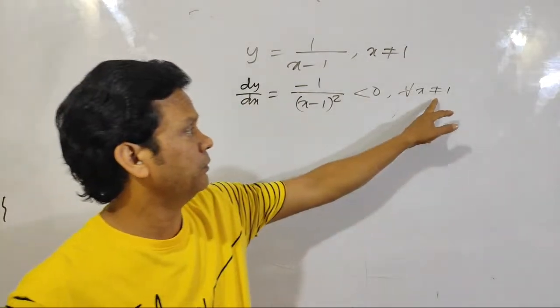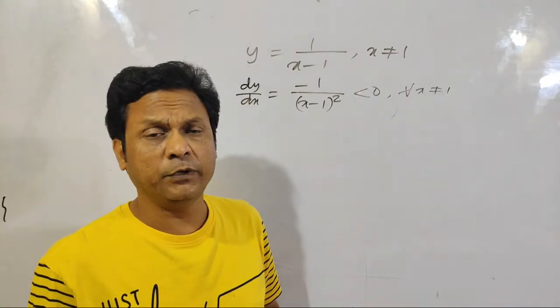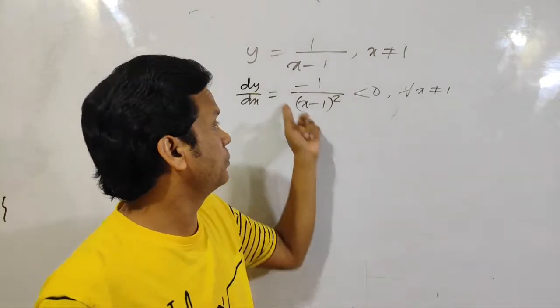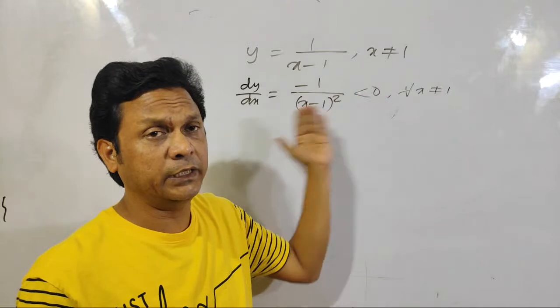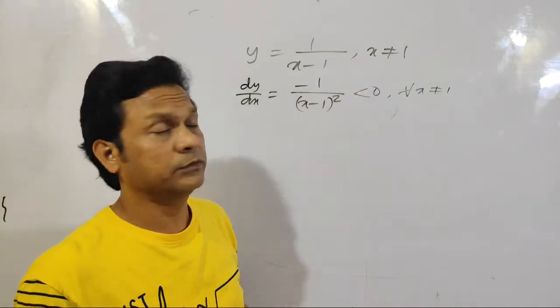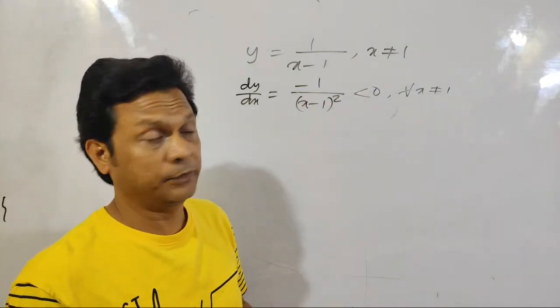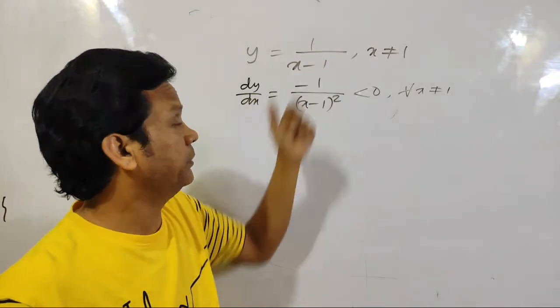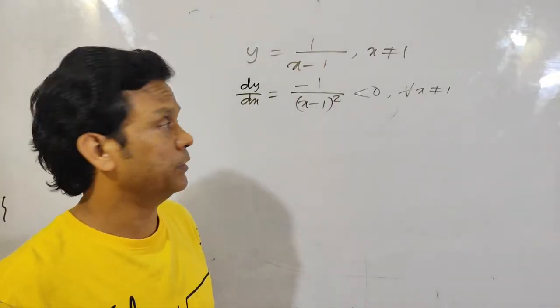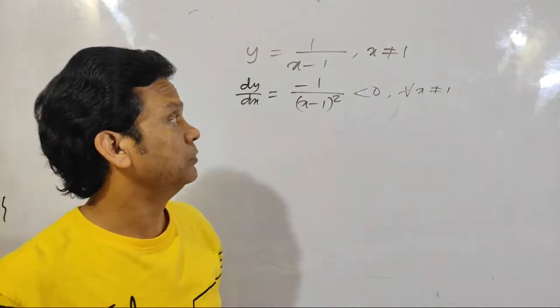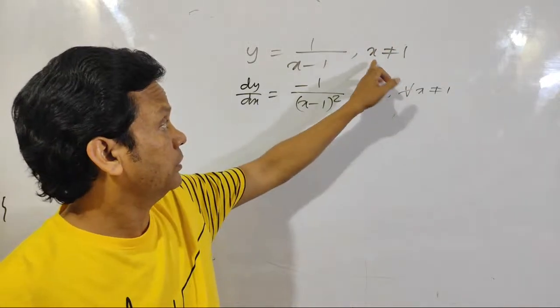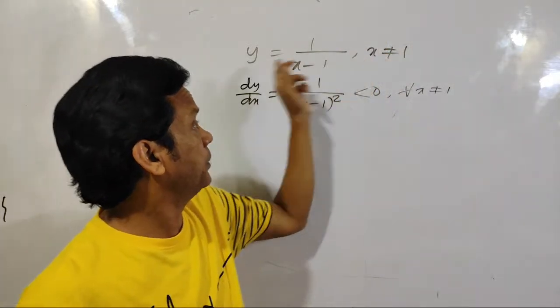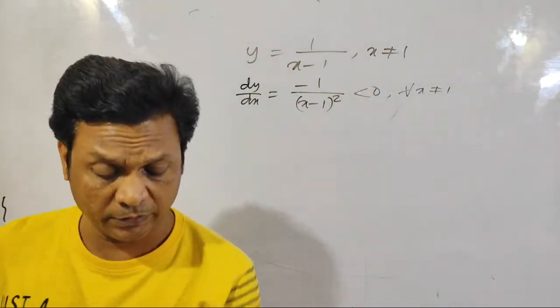If x is unequal to 1, then other than 1, if you take any real number, this quantity is always less than 0. That means it is continuously a decreasing function. Because the derivative is negative, the given function is a decreasing function except at x is equal to 1. Okay, so other than this point, the function is always a decreasing function. Is it clear or not?